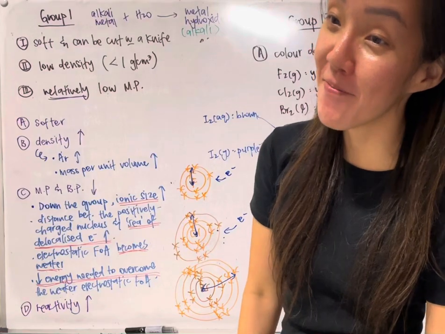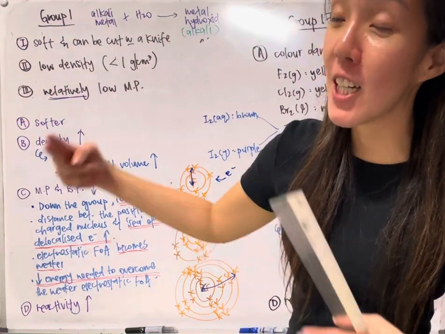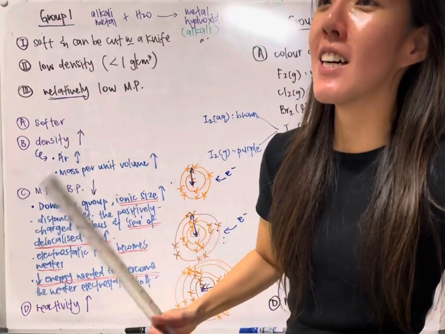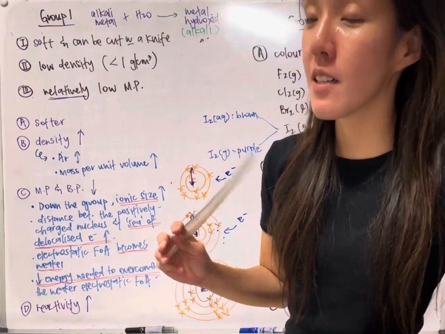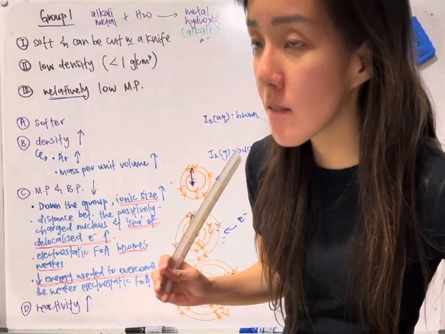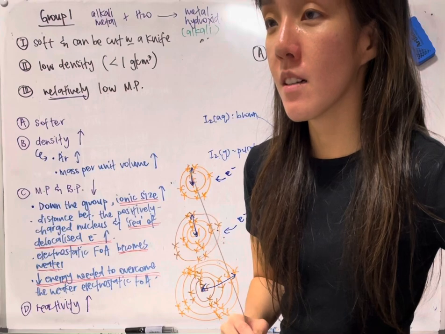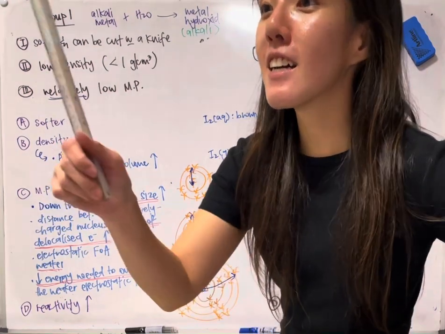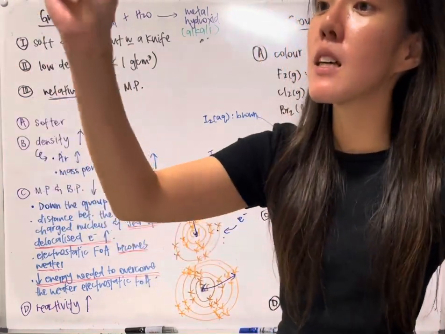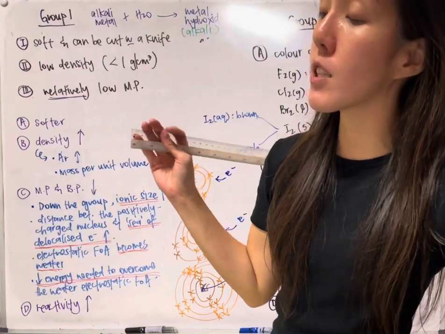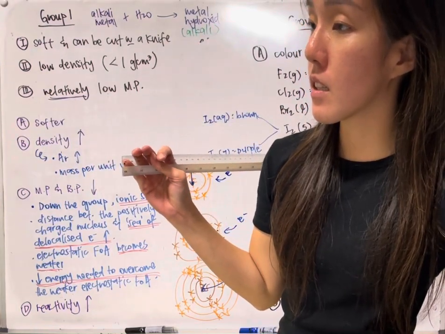Are you okay? Breathe, dear, breathe. Next one, how do you end off? Roseanne? It becomes more difficult to gain the electron.